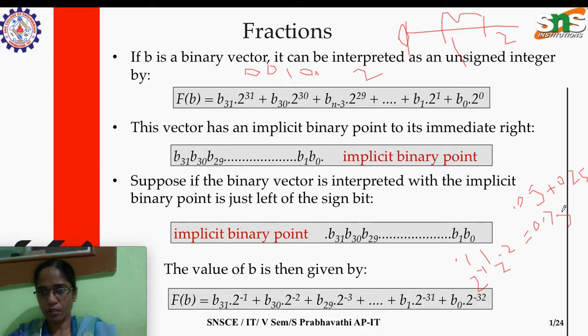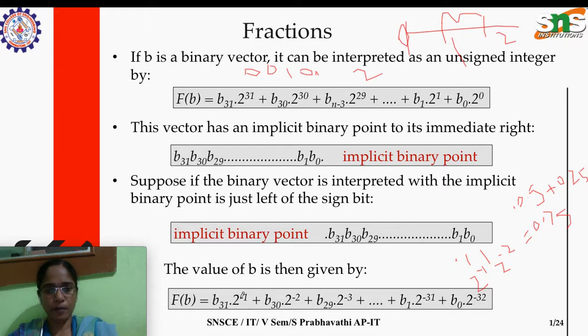So its calculation is given here like this. After the decimal point, this is nothing but binary digits. If it is represented as a 32-bit number, it ranges from 0 to 31, is it not? So that's the representation given here.